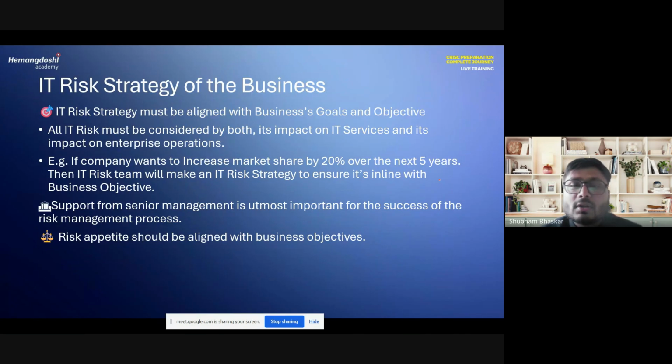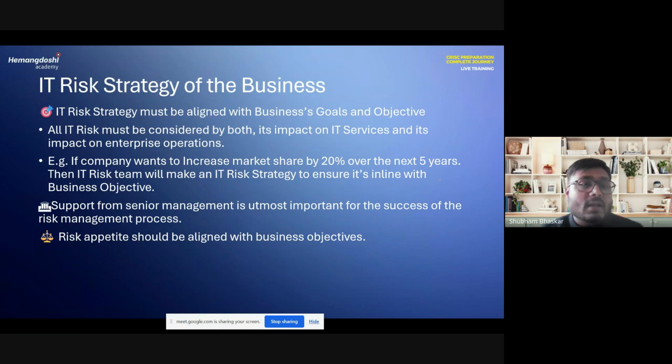Because the company is going to increase the market share by 20%, which means more businesses, more offices, more people, more assets being bought, the scope of risk increases. So you will contemplate how we are going to make a risk strategy to ensure that it is in line with the business objective, which is that they want to increase market share by 20%. And whenever you talk of risk strategy, the support from senior management is paramount. There's nothing much we can do if the support from senior management is not there.